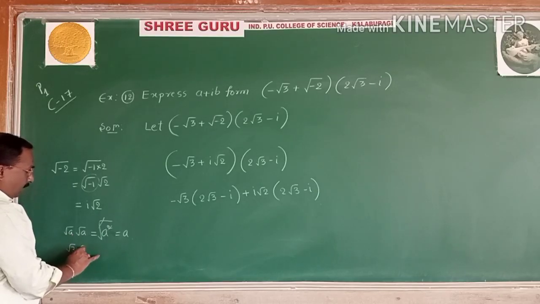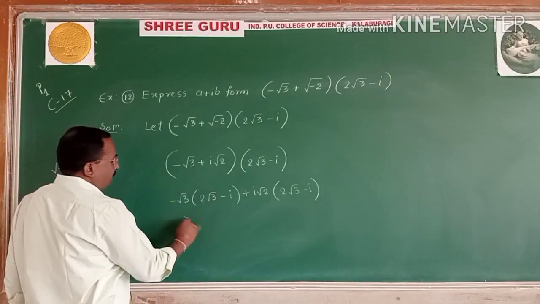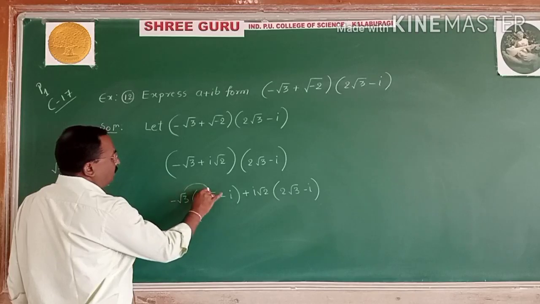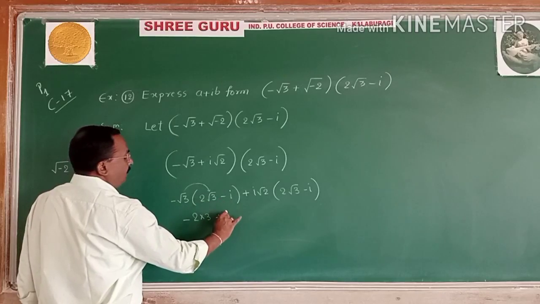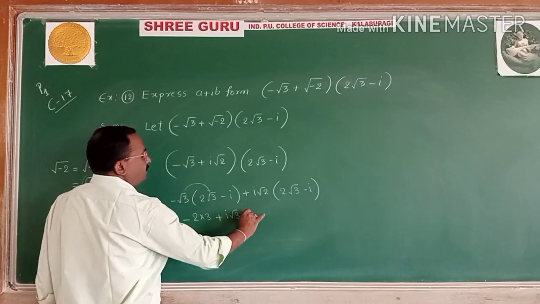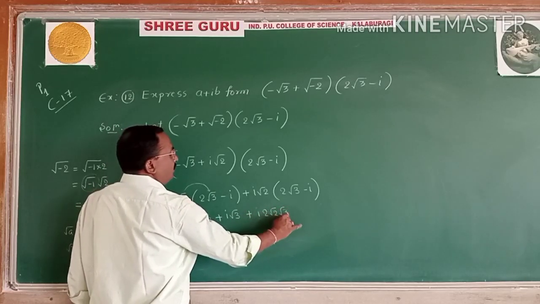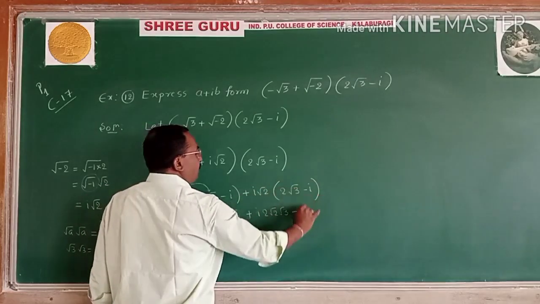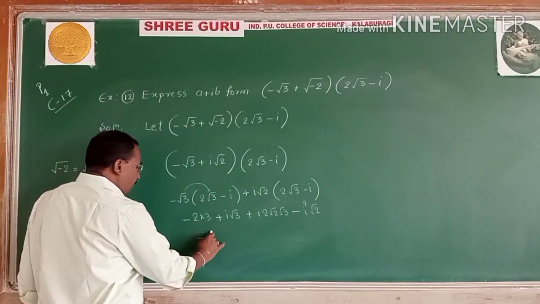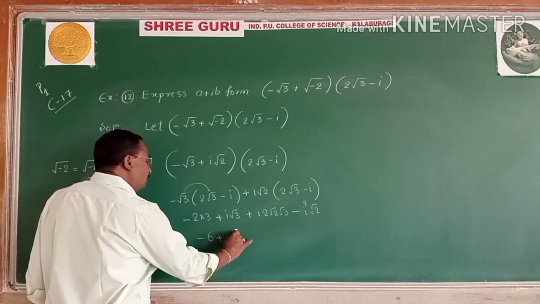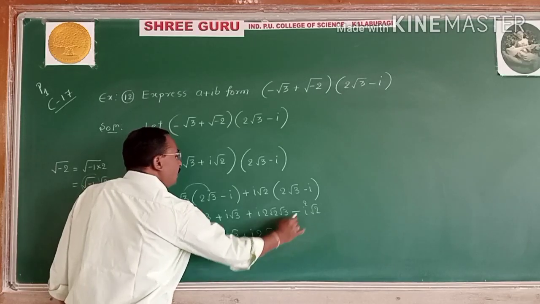Root 3 into root 3 is 3. Keep that in your mind. Multiply: minus as it is, 2 as it is, root 3 into root 3 value is 3. Minus 6 plus i times root 3, plus i as it is, 2 times root 2 root 3, plus minus i into i square root 2, 2 into 3 is 6, plus i root 3, plus i times 2 root 2 root 3, with i square value minus 1.